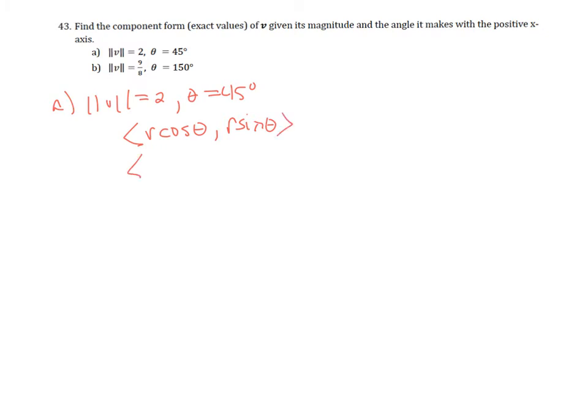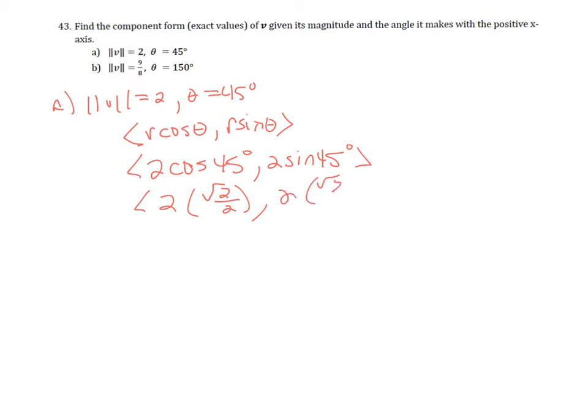So we're just going to write that as 2 cosine of 45, 2 sine of 45. Now, we want to use our knowledge of the unit circle to go further than that. So the cosine of 45, exact value, not on a calculator, is square root of 2 over 2. Same thing with the sine. And then the 2's are going to cancel, so that's just radical 2, radical 2.